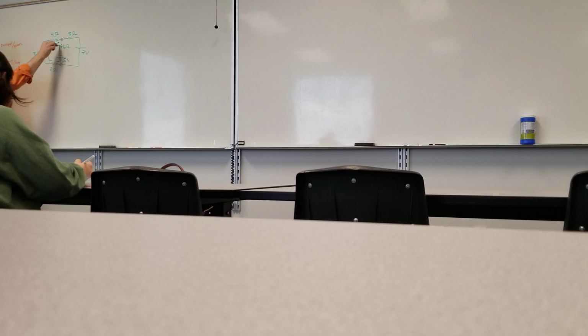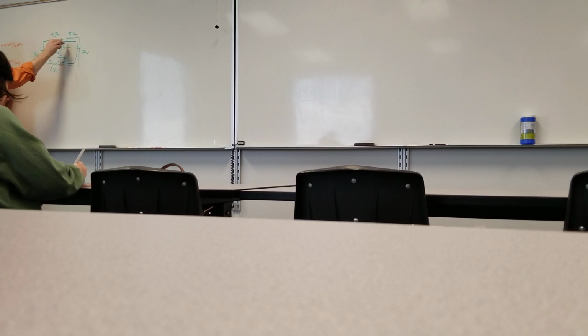This path here, I'm going to call I2. And the current flowing through this path, I'm going to call I3. Now, my gut tells me that I2 is in the wrong direction. And that's okay. What will happen is I'll get a negative value for I2, and that just means it's the other way. I don't have to redo it.